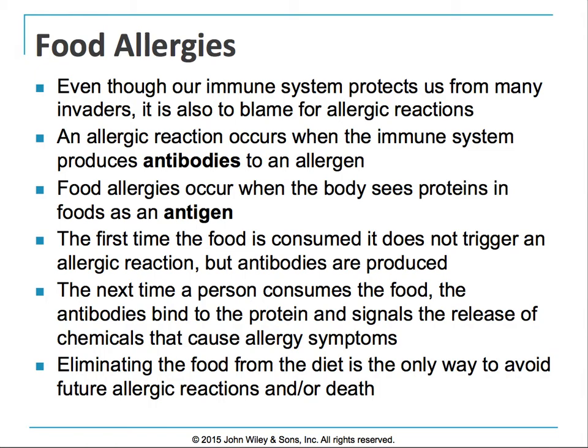The first time, your immune system just takes note and says, oh yeah, there's that peanut butter, we don't like that, and it recognizes the proteins in the peanut butter, and it's like, okay, if we ever see that come through again, we're going to attack it. So it's not until the second time, when your immune system is already familiar with what those proteins look like, that it attacks those proteins. The antibodies that it created to match the protein bind to it and signal the release of chemicals that cause allergy symptoms.